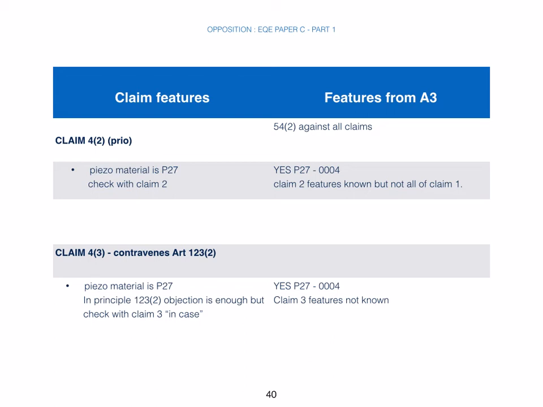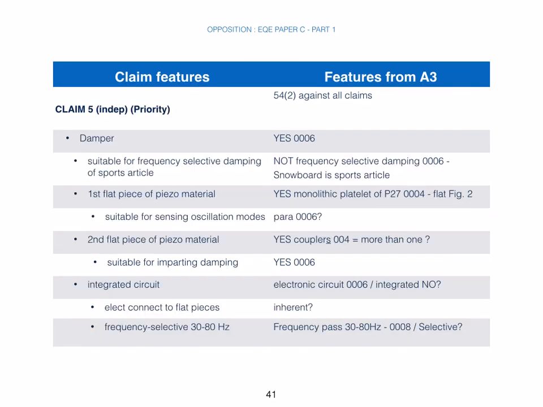Yes, the features of that claim are known, but obviously you've got to go back to claim 2 to see what's going on. We go now to claim 5 with document A3.